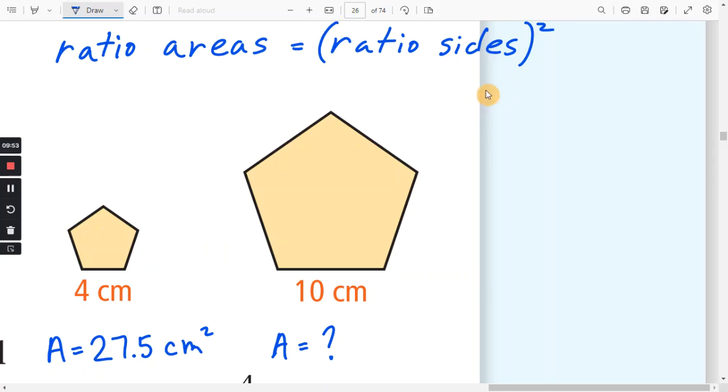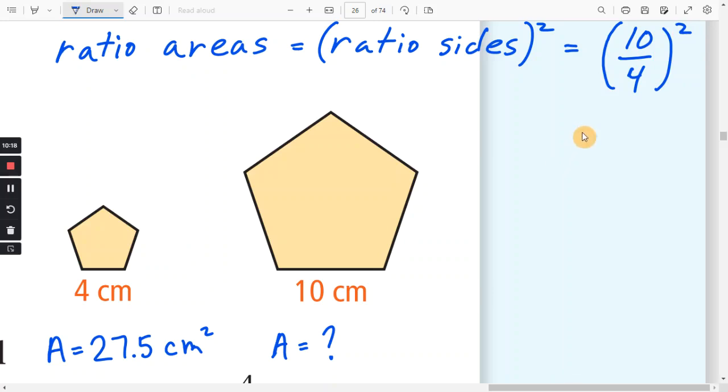So let's see, the ratio of the sides is basically 10 over 4. All right, so the ratio of the sides is 10 over 4. And we're going to square that fraction to get the ratio of the areas.